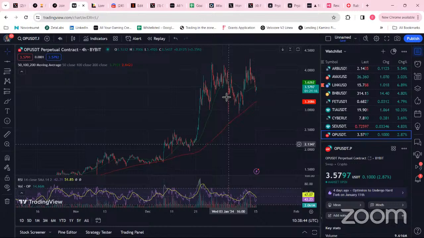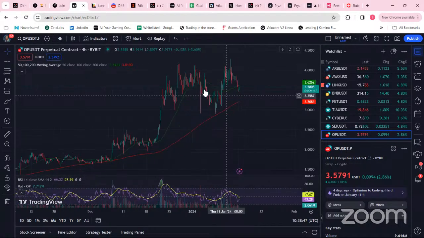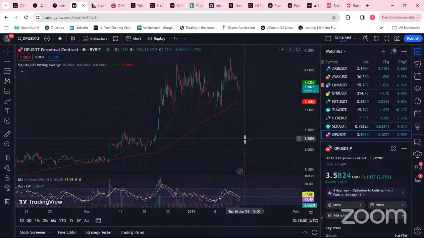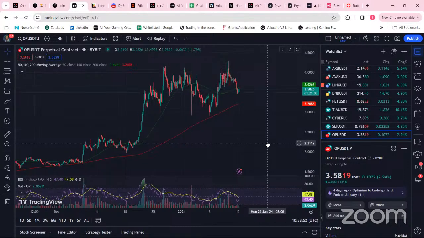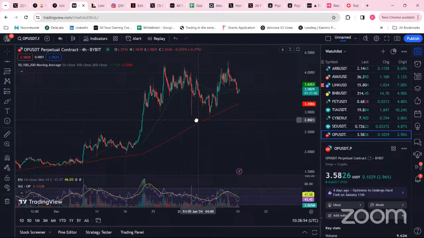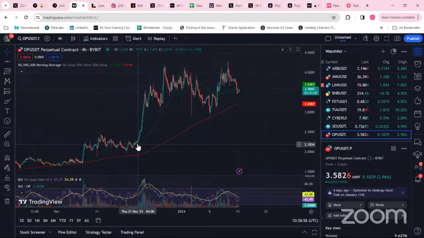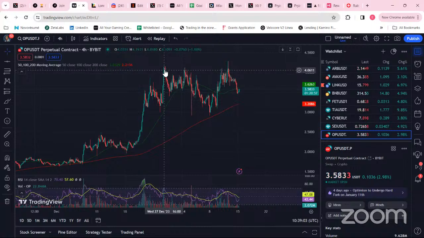And now it's even got to over $4, right? So these Ethereum layer twos are stuff you really need to keep your eye on. Even OP, although it has been consolidating because it had a major move from somewhere around 2.18 to over $4. So obviously, when something has that kind of massive move, it would consolidate.